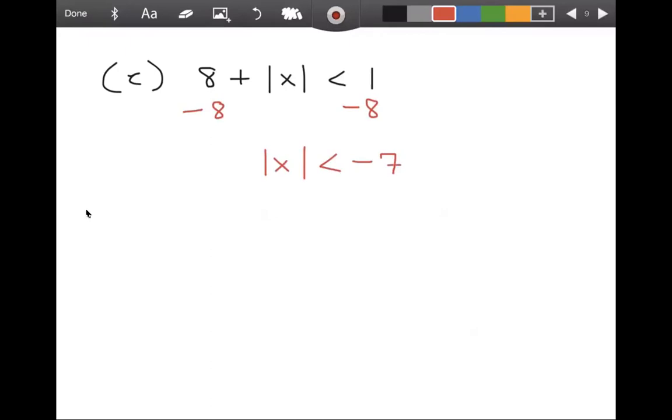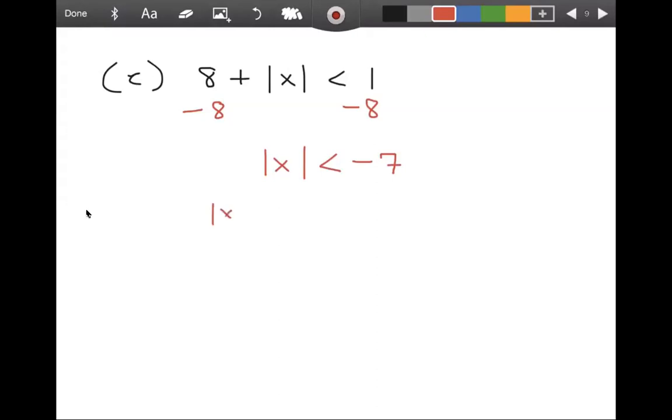Remember that absolute value represents a distance. And this is saying that the absolute value is less than -7. In other words, some distance is less than -7. Well, what do all numbers less than -7 have in common? They're all negative. So this is saying the absolute value of x is negative. And that can't be.